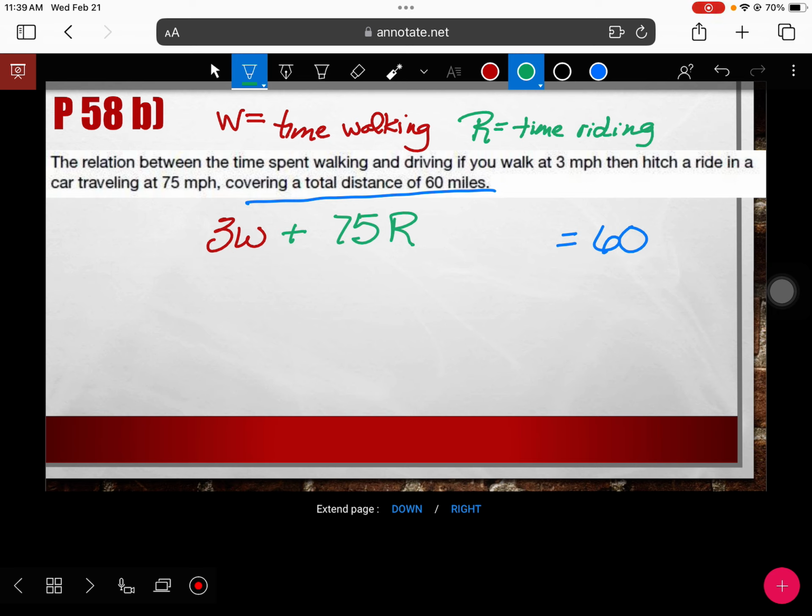We already said it's a total of 60. So the relationship, how many answers am I going to have here? I said one. I heard many. Many. What's my one? What could I do to figure out one?